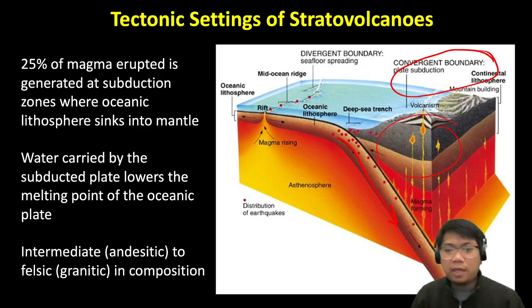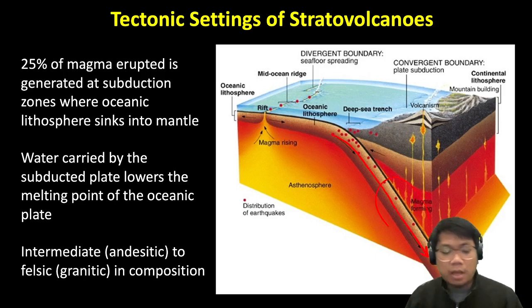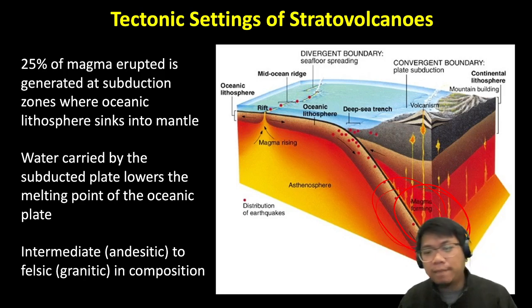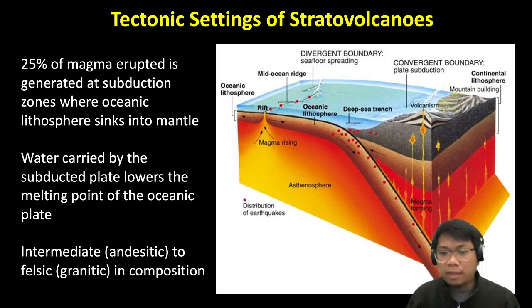So what happens here is that as this plate goes down into the mantle of the earth, the plate will be partially melted. The reason is that the environment in the mantle is very hot. Plus, we also have seawater that got mixed with the plate, which helps the plate to melt.